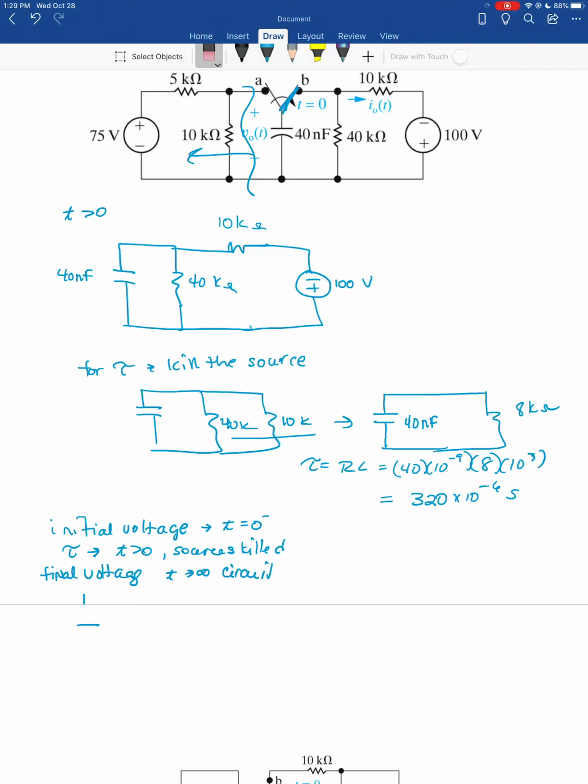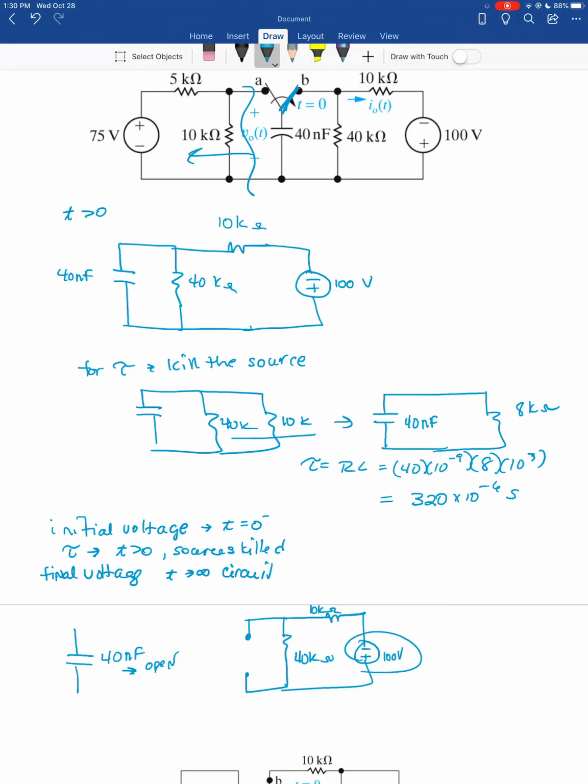So as t goes to infinity, let me move down to the next page. We have our 40 nanofarad capacitor, and it is going to look like an open. The final capacitor voltage is the voltage across that open. We have 40 kilo ohms, 10 kilo ohms, and plus minus 100 volts.